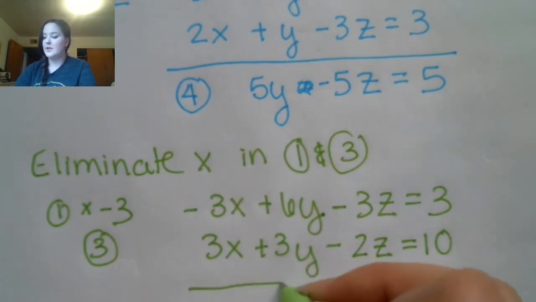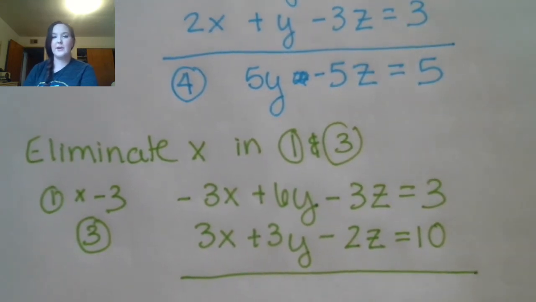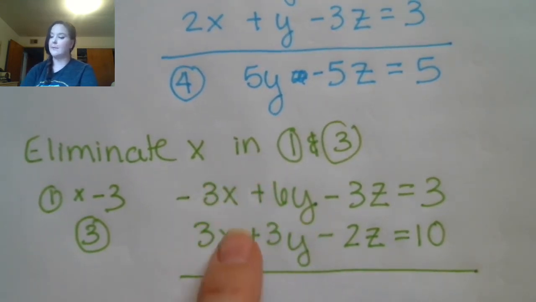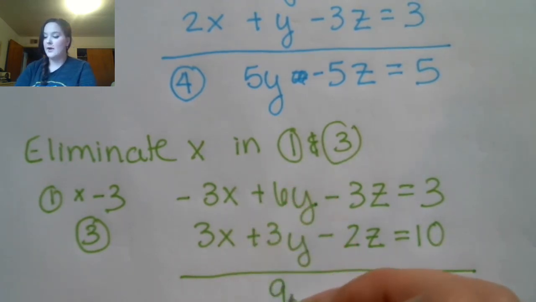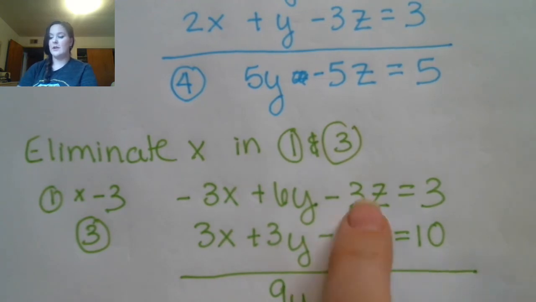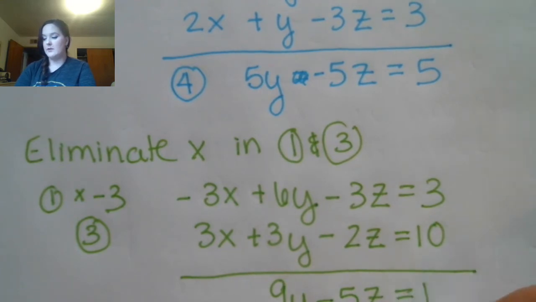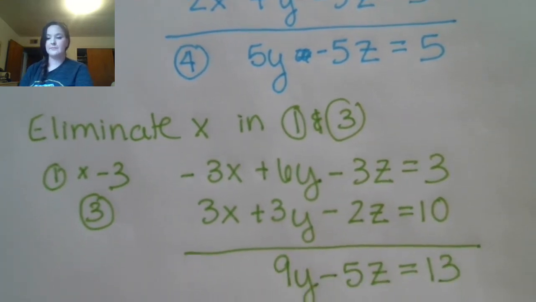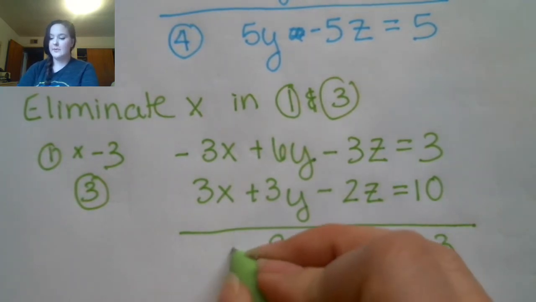Just like you do in combinations with two equations, you just add them. So -3x plus 3x is 0 as intended. 6y plus 3y is 9y. -3z minus 2z is -5z. And 10 plus 3 is 13. And we're going to name this equation 5.